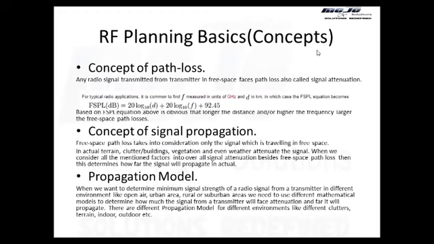So we are talking about RF engineering, right? RF is radio frequency. What is radio frequency? It's basically an electromagnetic signal. How is it generated? It's generated by an electrical signal.